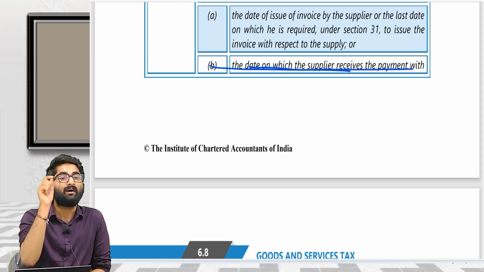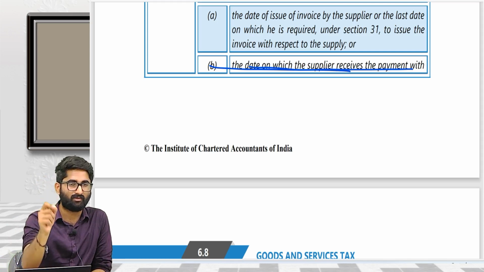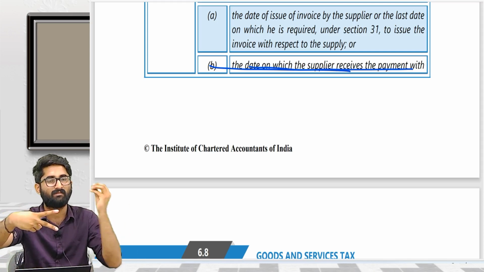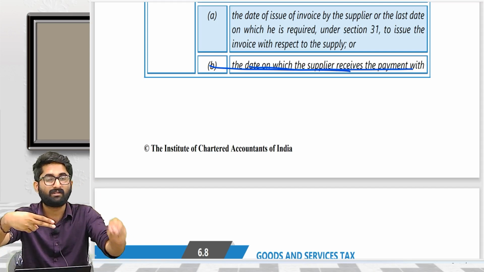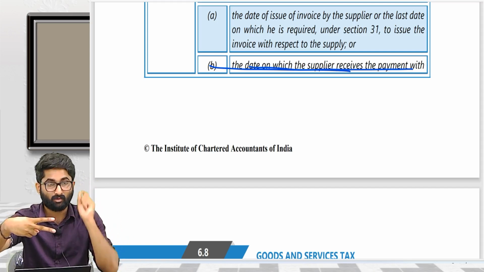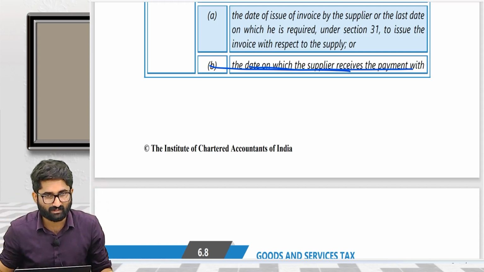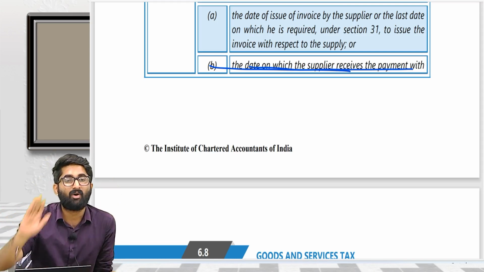Again, as per section number 12 subsection 2, there were two clauses: the date of invoice or the last date to issue the invoice, whichever is earlier, compared with the date of payment, whichever is earlier, was the time of supply. But later, notification number 66 dated 2017-CT said that henceforth there is no GST on advance.